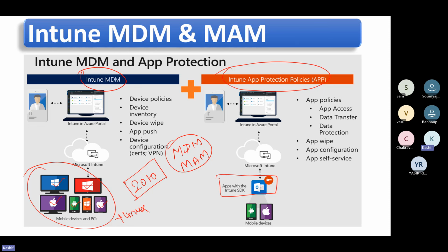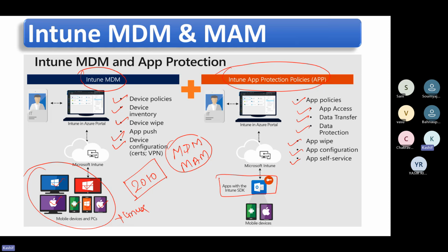So you can deploy policy for this application. You can deploy application policies, app access, data transfer, data protection, app wipe, application configuration, app self-service. Similarly, in mobile device management, you can do various things like mobile device policies, device inventory, device wipe, application push, device configuration. So there are various things which you can do on mobile devices and for mobile applications.